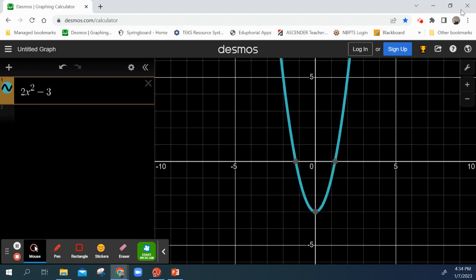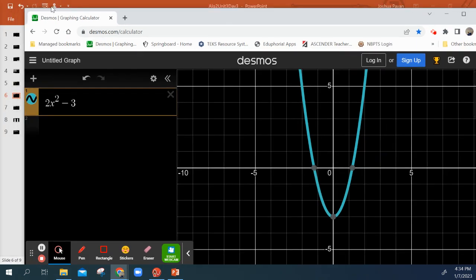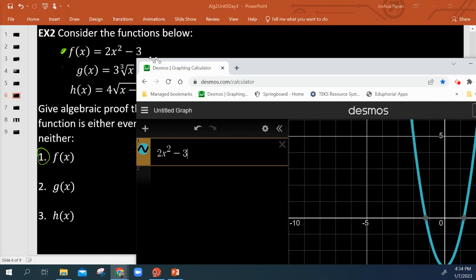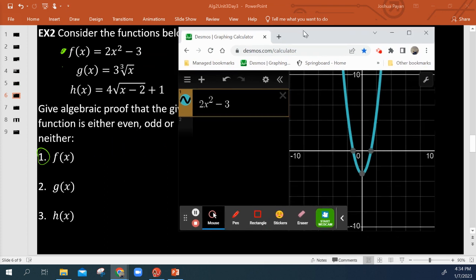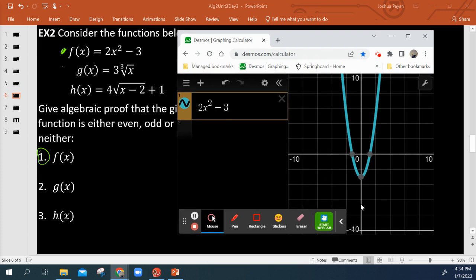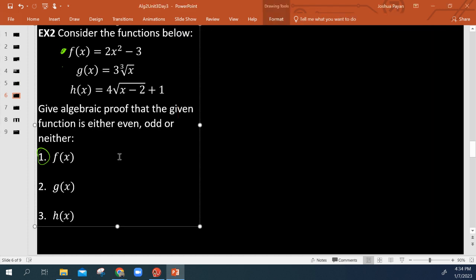And we see very clearly that we have symmetry about the y-axis. We have a vertical line of symmetry right here that cuts it perfectly in half. And we can also see evidence by the x-intercepts, right? They're both equidistant from the y-axis, right? So that would be our geometrical proof.